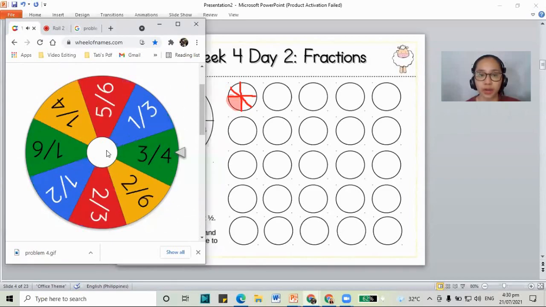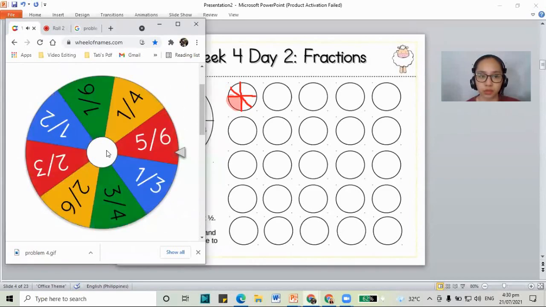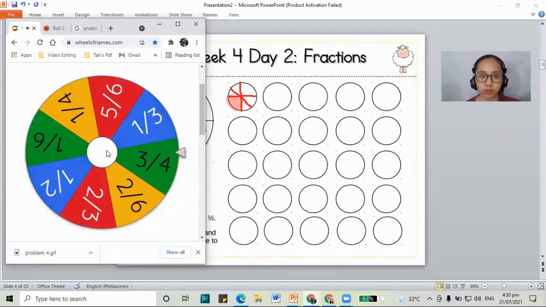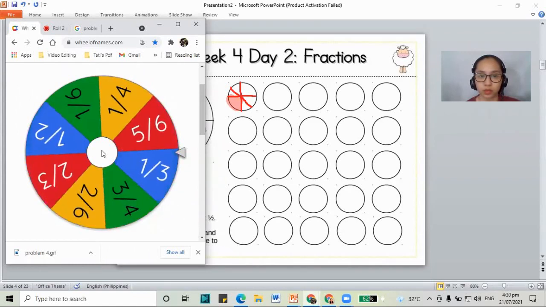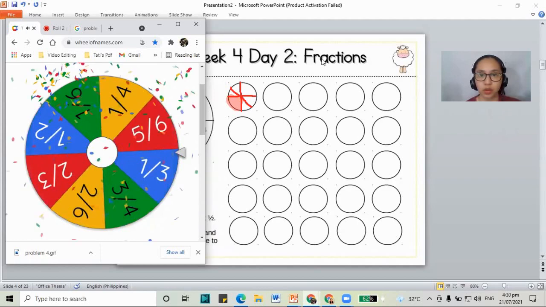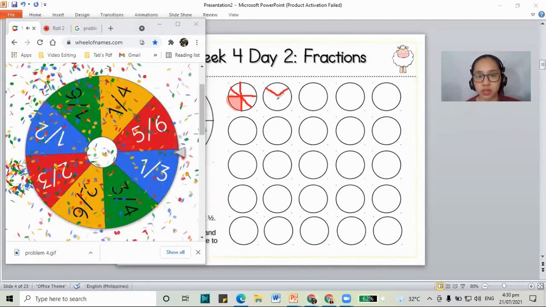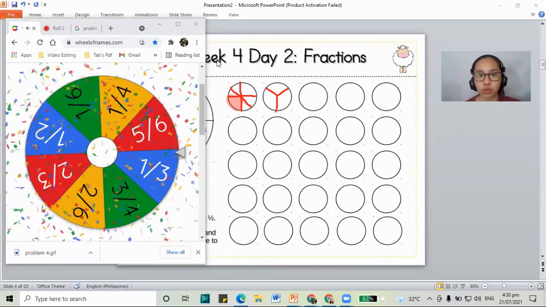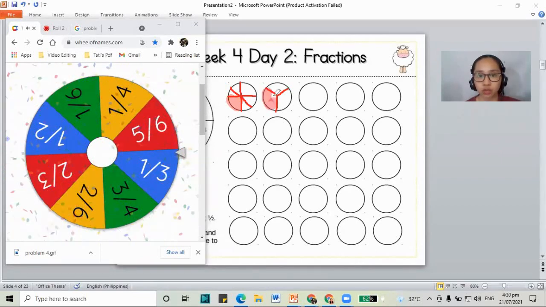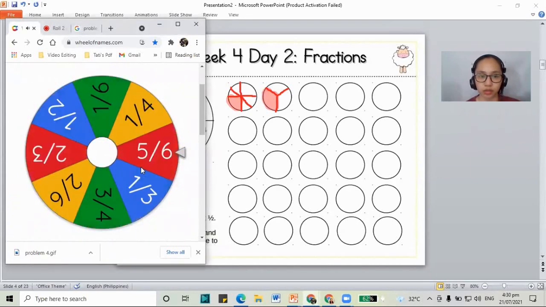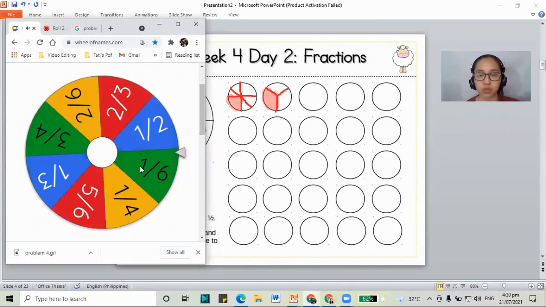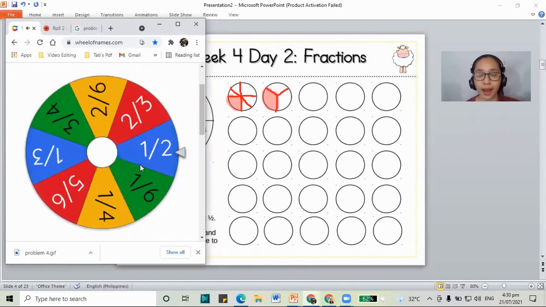The next one. We have 1/3. So there should be 3 parts. And you only need to get 1 to make 1/3. Next one is 1/2.